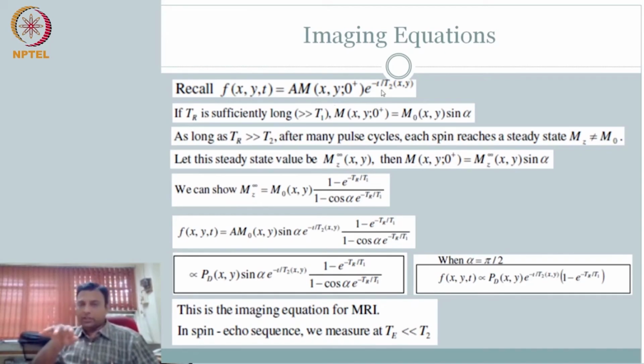So this is your signal that you are recording, right, in the transverse plane, right? So minus t and with time constant here. But if TR is sufficiently large, which we saw before, then no issues. This essentially becomes your m naught, that is your equilibrium value times sine alpha.